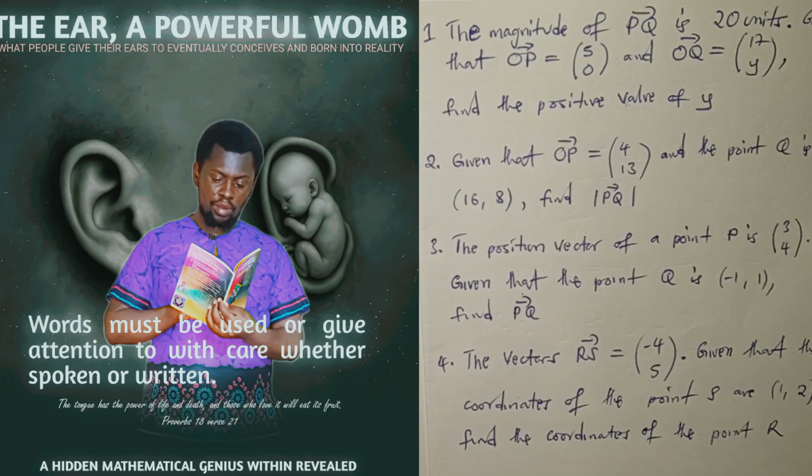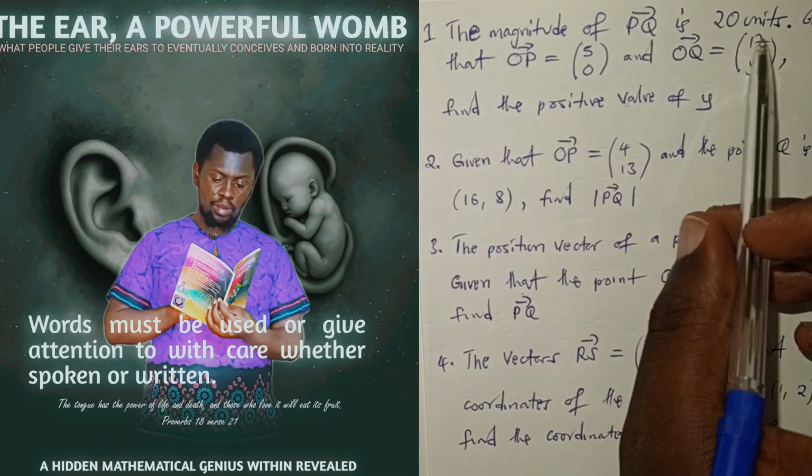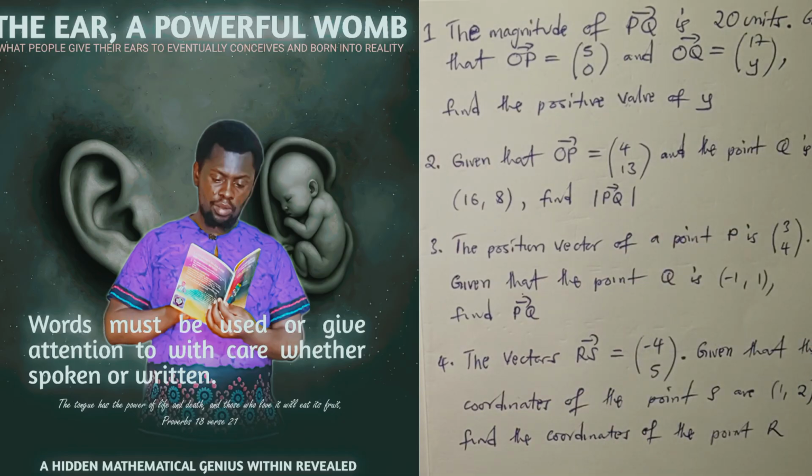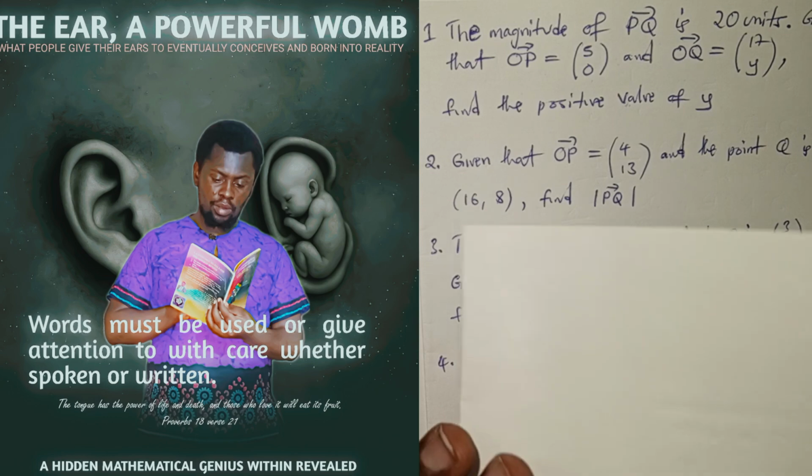Okay, so here we have a magnitude, which is 20 units, and we want to find the value for y. So we are going to use the same idea we are using in coordinate geometry.